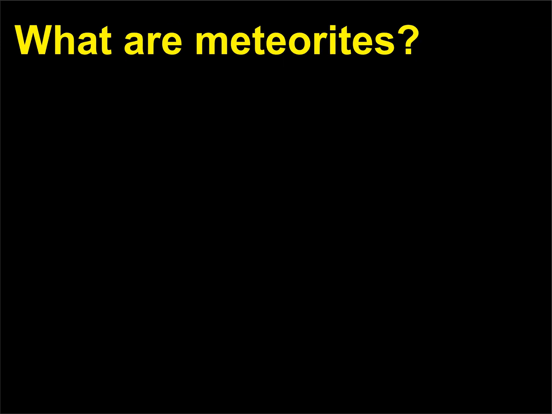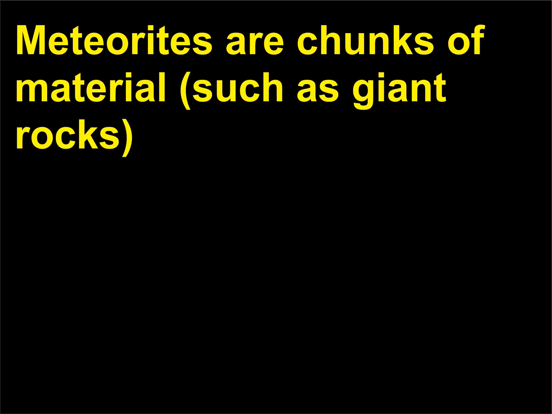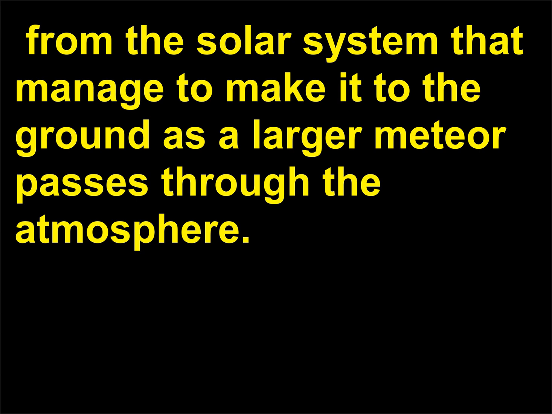What are meteorites? Meteorites are chunks of material, such as giant rocks, from the solar system that manage to make it to the ground as a larger meteor passes through the atmosphere.